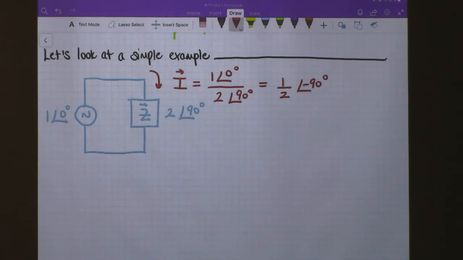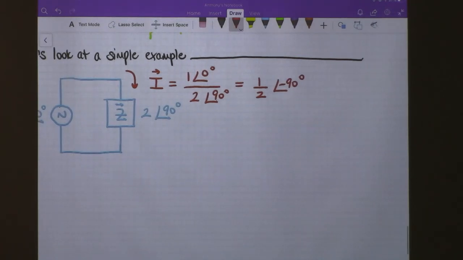Anyway, that's an example. That's how simple it is to solve an AC circuit using phasors. And if I wanted to write that in a time-dependent form, I of t is equal to square root of 2 times 1/2 sine of omega t minus 90 degrees.